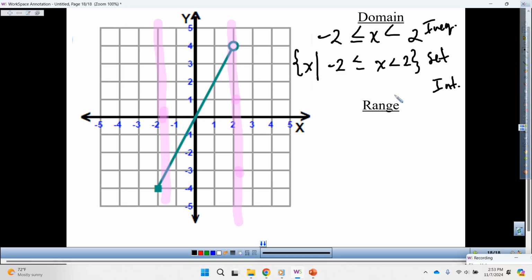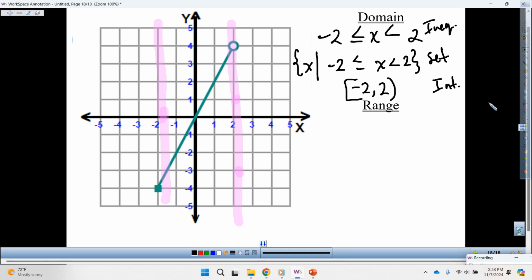All right, interval notation. Negative 2, comma, positive 2. Bracket for the first one. Parentheses for the second. Hands if you got that.